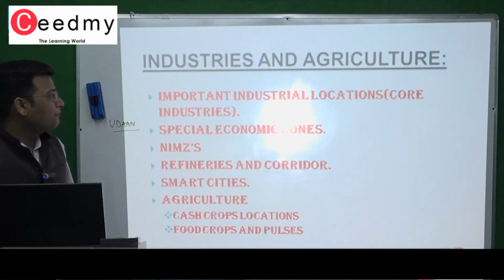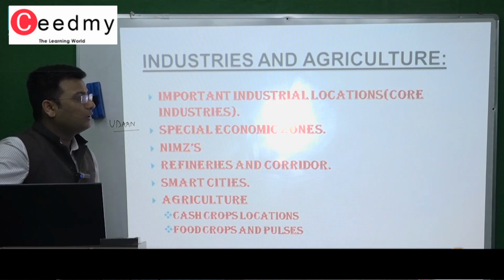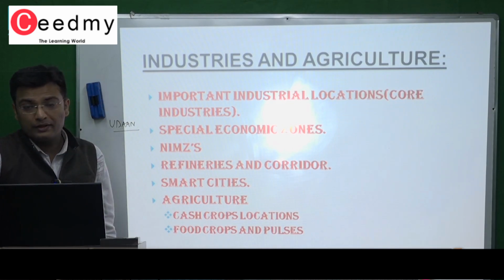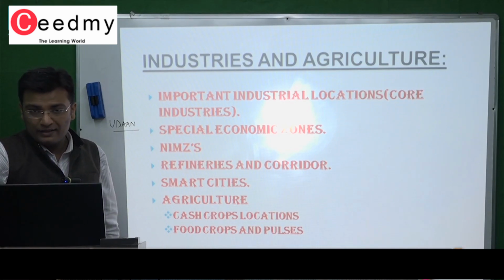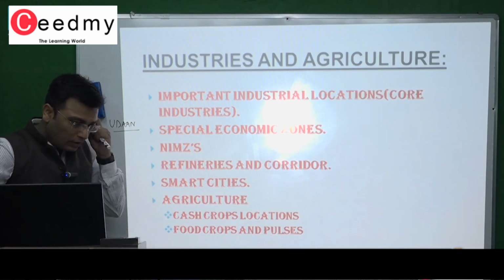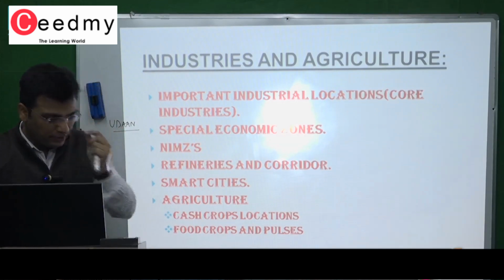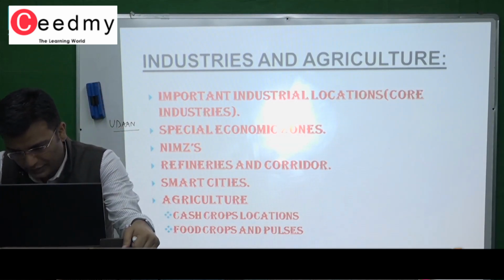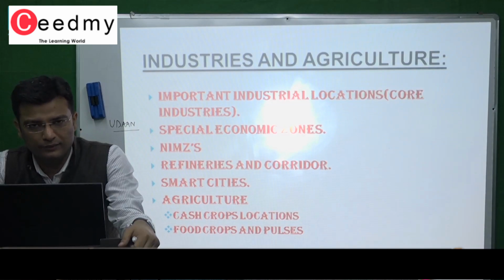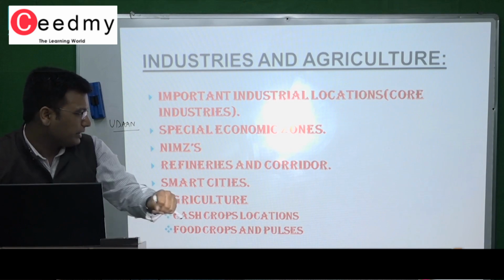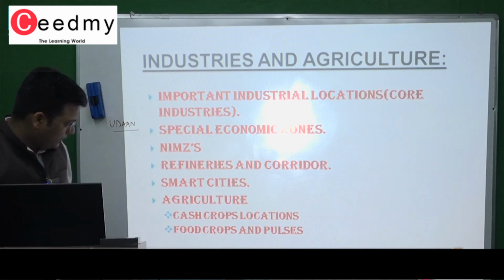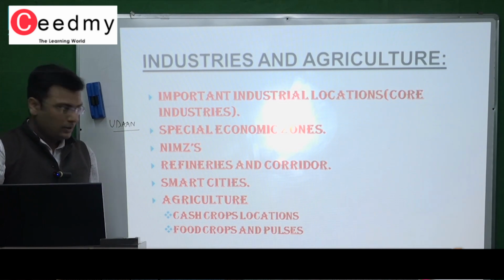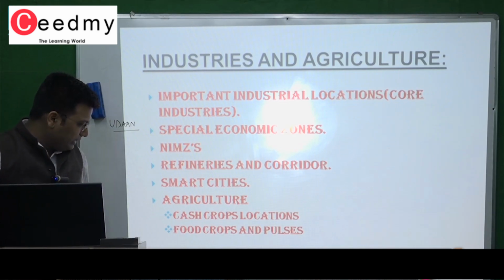Industry and agriculture: important industrial locations, particularly core industrial locations, steel, fertilizer, because in the last budget the government gave a very important share of its budget to the fertilizer sector. So fertilizers, cement, etc., special economic zones, national industrial manufacturing zones, refineries and corridors, smart cities.